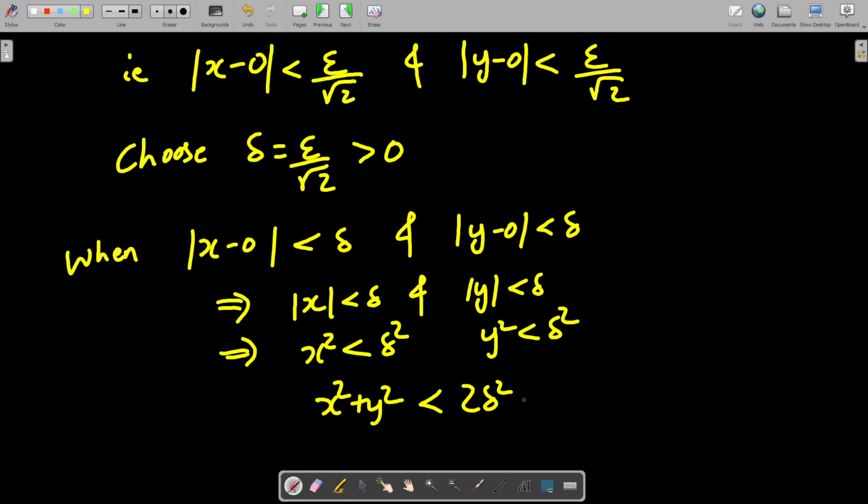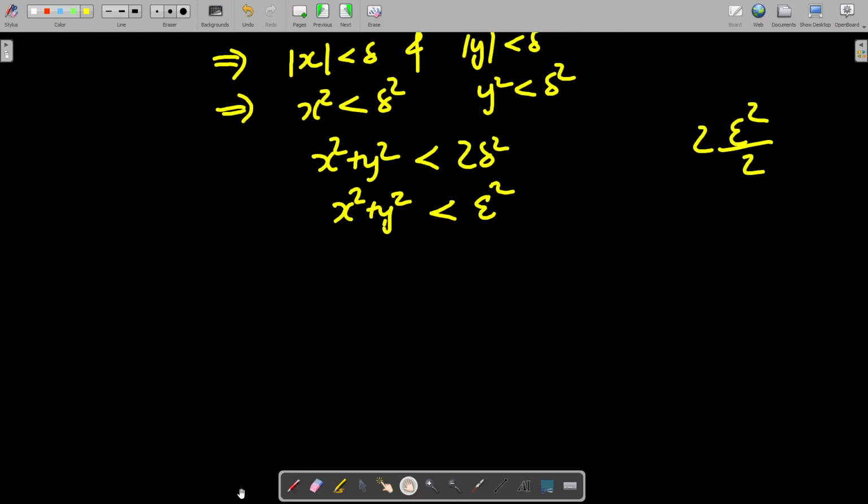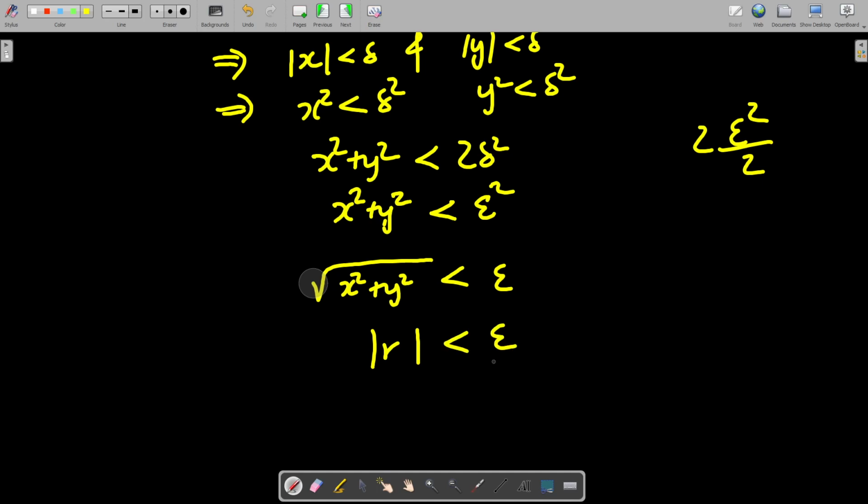So 2 and 2 will cancel, and we get x square plus y square less than epsilon square. Taking square root on both sides, we are left with root over x square plus y square less than epsilon, but this is equal to r. So modulus of r is less than epsilon.